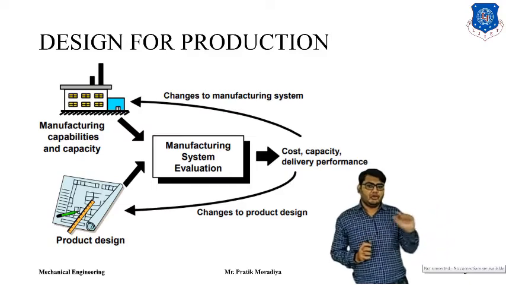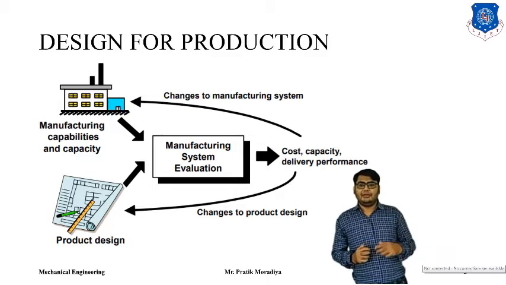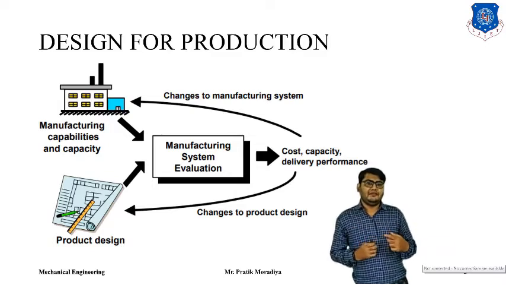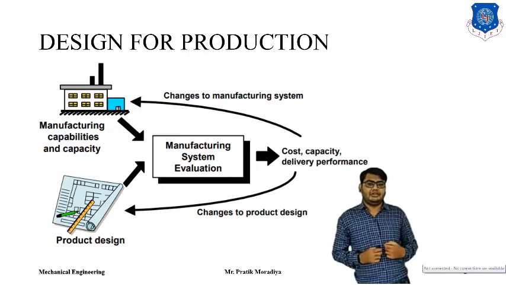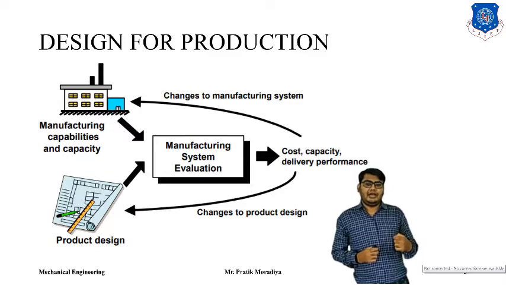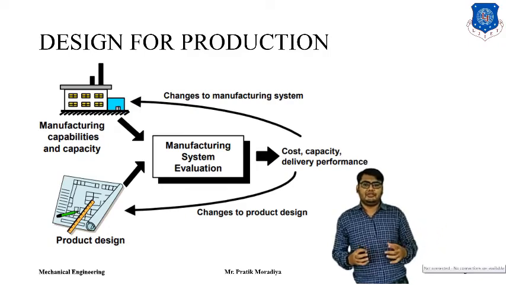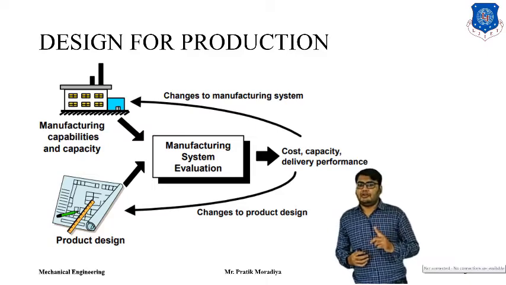But what happens if the criteria do not match? If I do not have enough capacity, and I am sure that I can make profit from this product, then I will expand my capacity. I will expand my production system such that I will have adequate capacity. That is one option.